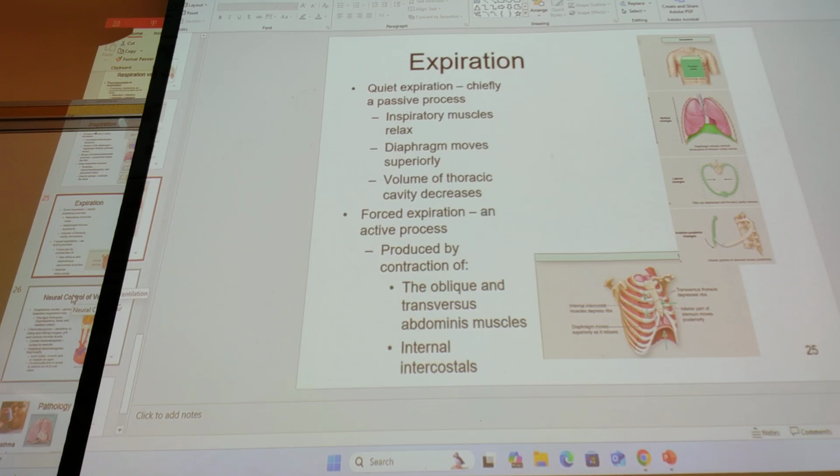So asthma, COPD, chronic obstructive pulmonary disorders, there's the trifecta. There's asthma, chronic bronchitis, and emphysema. And I will cover all three of them and their unique features as to why the person has difficulty mostly with exhaling.